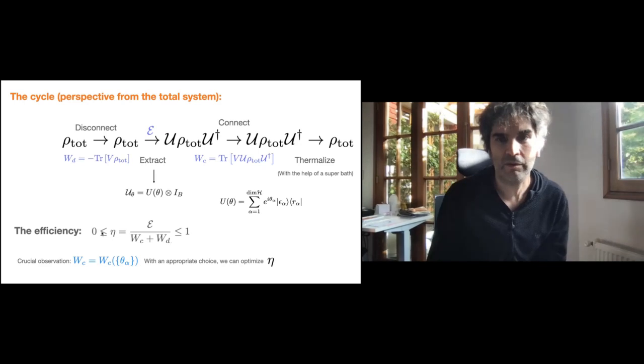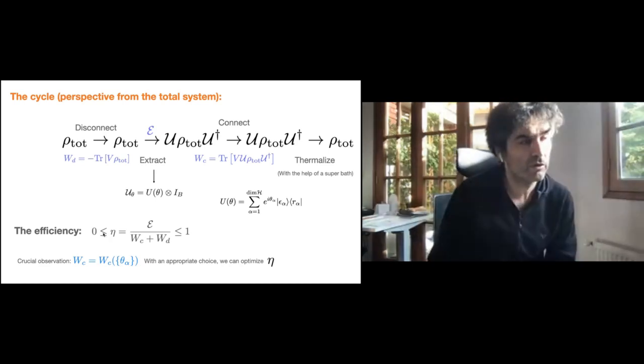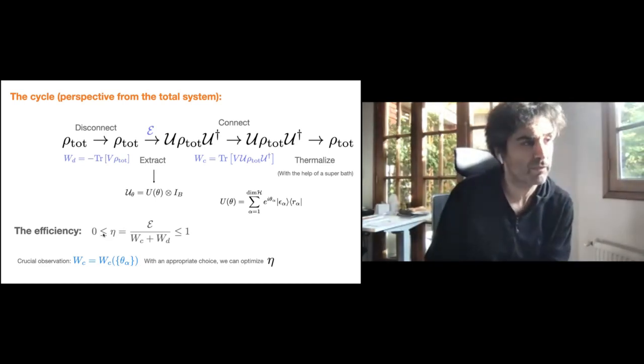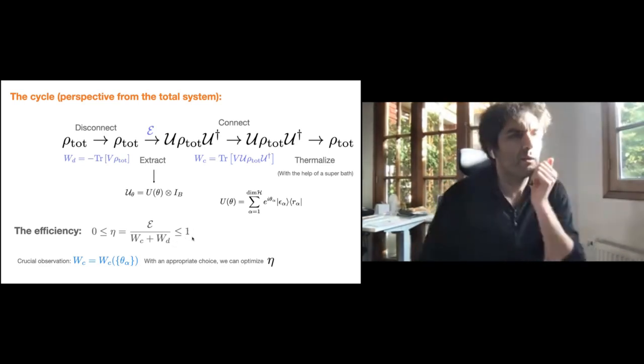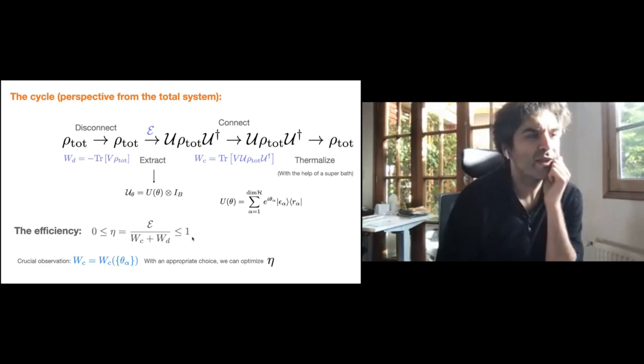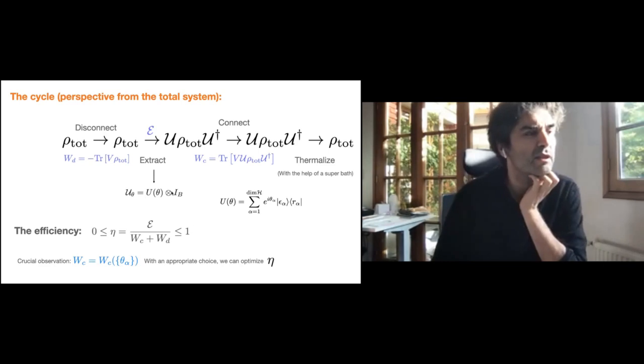And it's easy to see that, due to the second law, this has to be positive, but smaller than 1. Now, the important thing is that because these unitaries depend on these phases theta, the connecting work will depend on these phases.